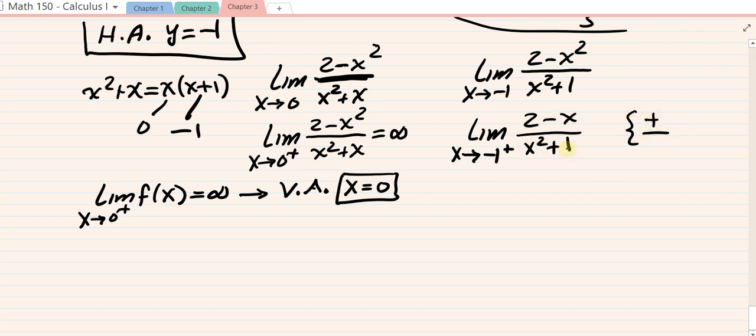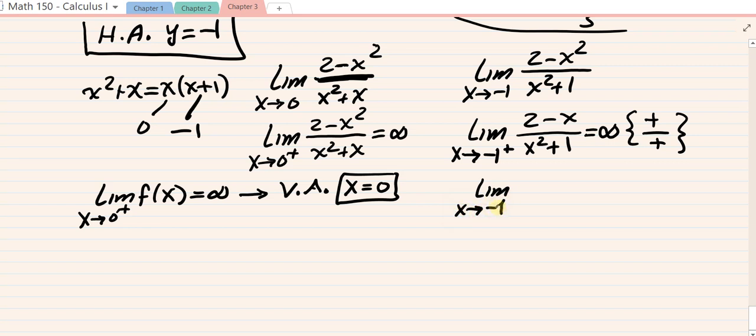Now, the denominator, negative 1 from the right means like negative 0.9, something like that. When you square it and add 1 to it, this is going to be positive, plus 1 remains positive. So that limit is infinity. Okay, and that's good enough. We just established the limit is infinity. Again, a limit of negative infinity would have been just fine if that is what had turned out.